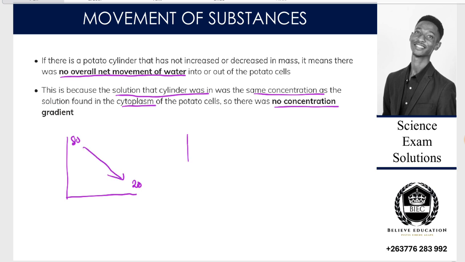But if the first is 8 and the second concentration remains at 8, here we would have a straight what? Line. That straight line has a gradient of 0. So when it has a gradient of 0, we are saying there is no what? No concentration what? Gradient. So that's what it merely means.